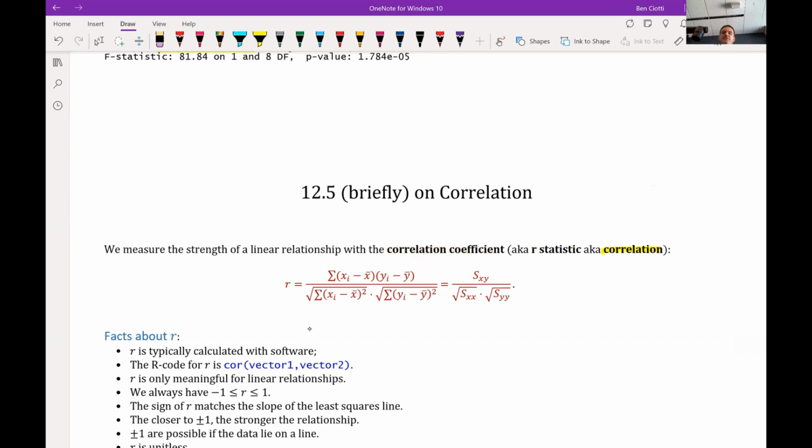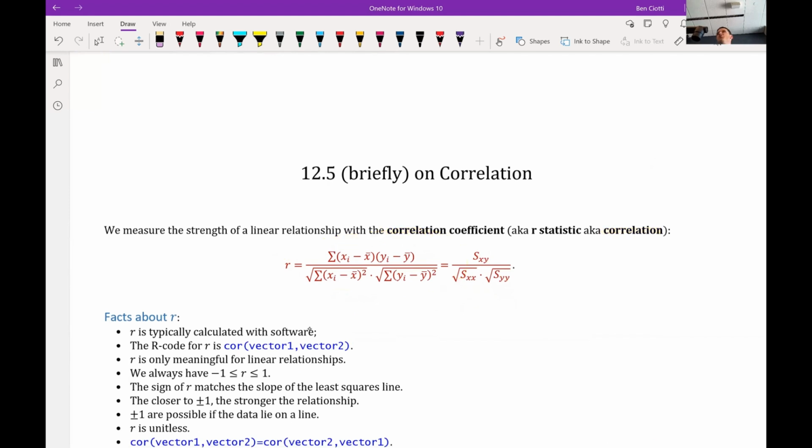And it's defined to be capital S sub xy over the square root of capital S sub xx times capital S sub yy. Or equivalently, this complicated fraction here. So it looks kind of brutal to compute. We could do it, but obviously you would typically use software to do it.